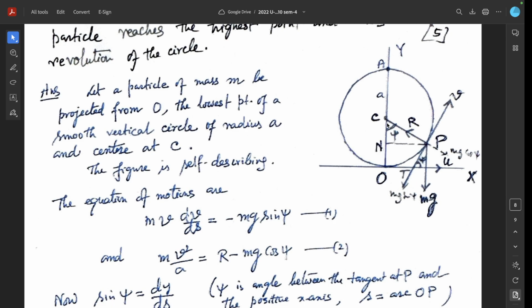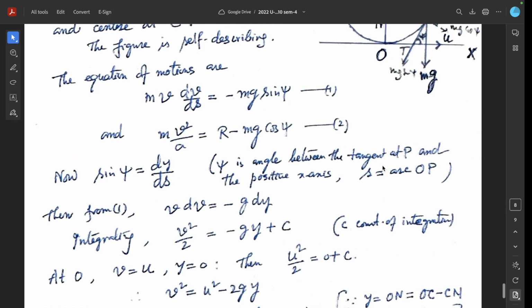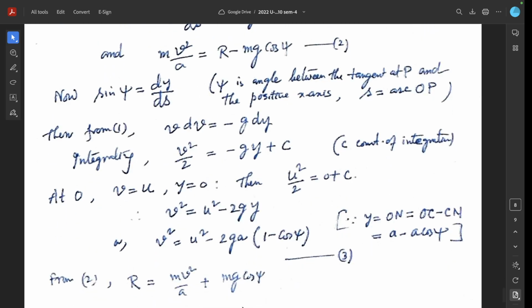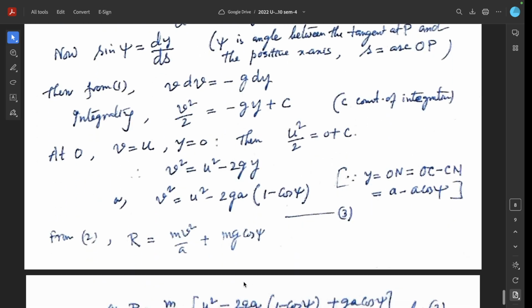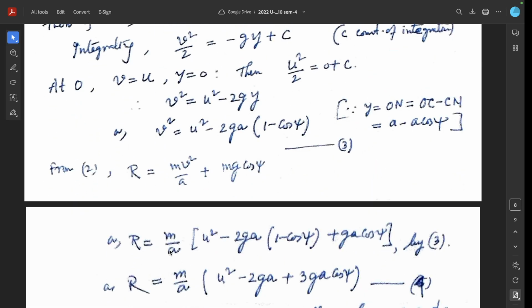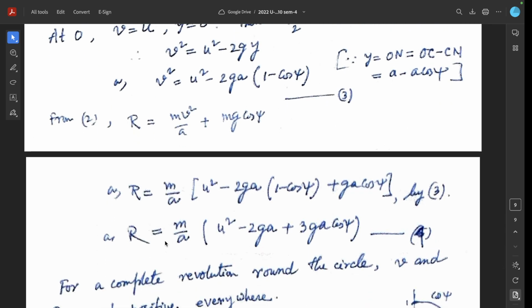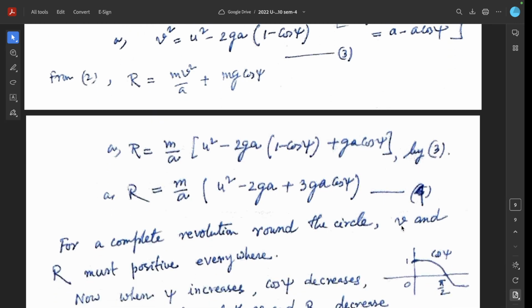So y equals a minus a cos psi. And from equation 2, R equals m v square by a plus mg cos psi. Putting in the value of v square from equation 3 and simplifying, we get R equals m by a times (u square minus 2ga plus 3ga cos psi), equation 4.